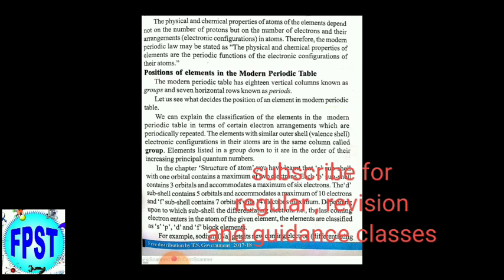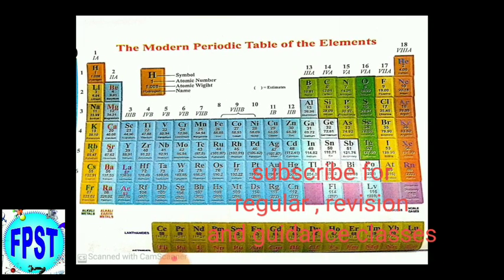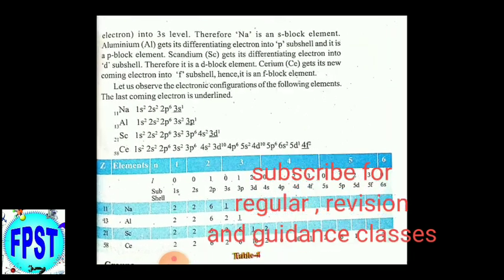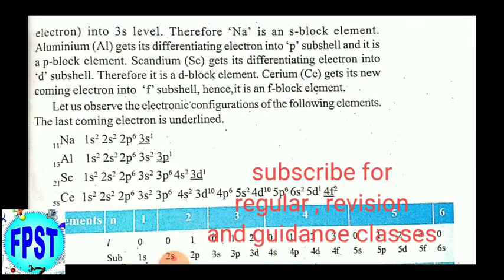S, P, D, F block elements. Here you can see it. The differentiating electron in sodium enters into the s orbital, so it is an s block element. The differentiating electron in aluminum enters into the p orbital, so it is a p block element.